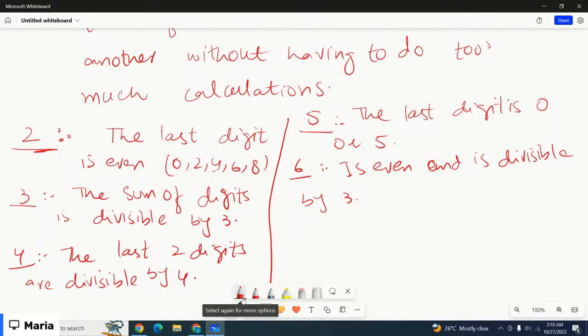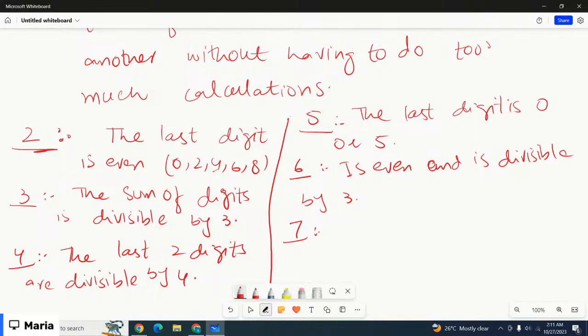Okay, the next one is the divisibility rule for 7. The divisibility rules are very important.